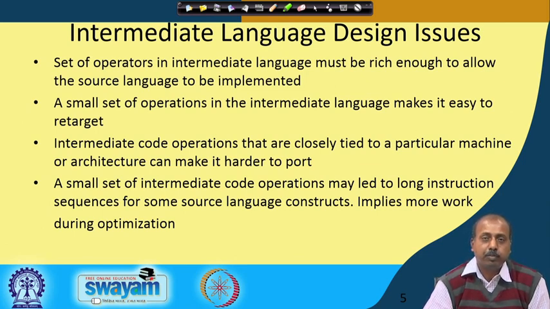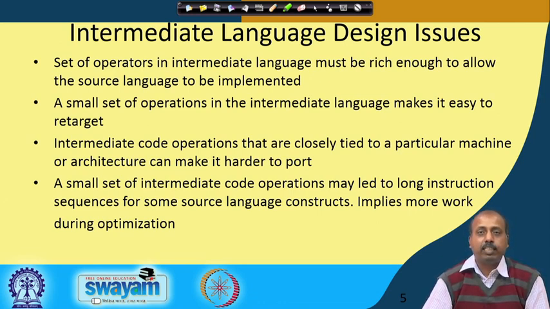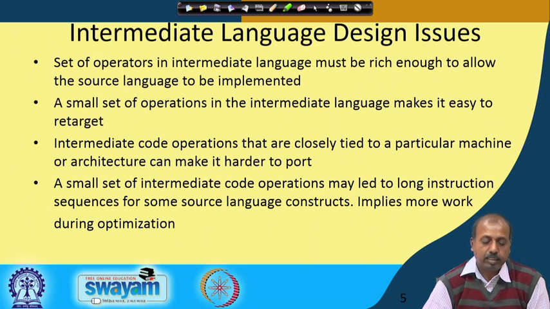That is a very useful feature, but if we use that for, say, array copy in the intermediate language, then for a processor which does not support it, it will become difficult. So we should not be very tightly guided by some target processor architecture and instruction set to decide upon the intermediate language instructions.